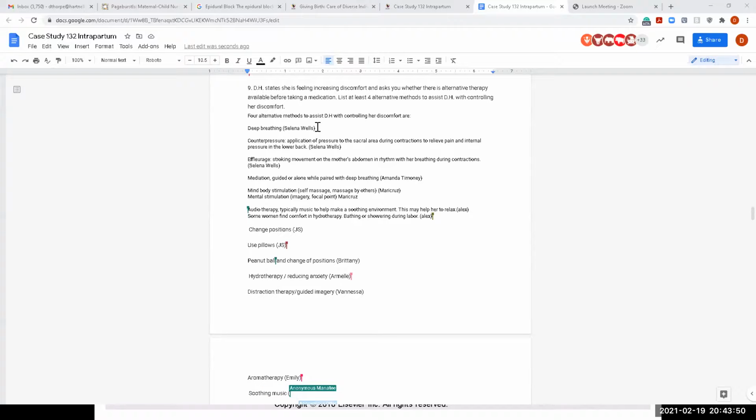Selena, in the PowerPoint, it goes more into deep breathing. So there's like a relaxation breath that you encourage them to do every so often. But as she's getting more uncomfortable and maybe she's not feeling like she wants to have pain med yet, you really look at doing more of a pattern breathing with them.